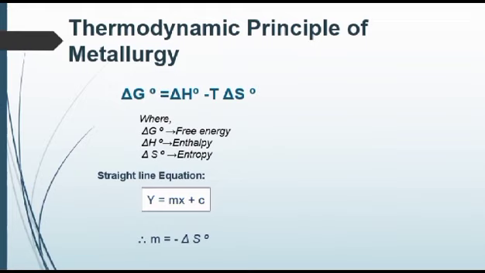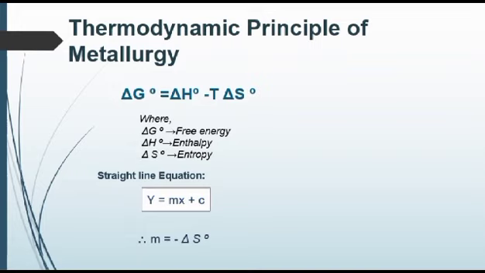From thermodynamics, we know that delta G naught equal to delta H naught minus T delta S naught, where delta G naught is the Gibbs free energy, delta H naught is the enthalpy, and delta S naught is the entropy.